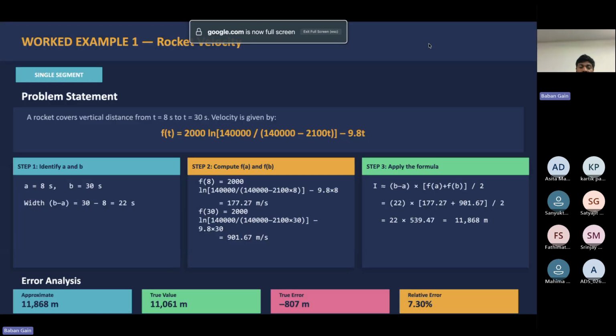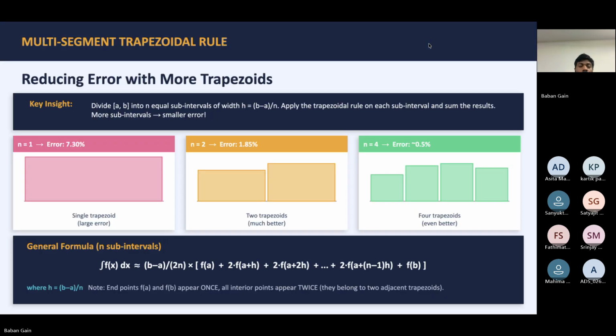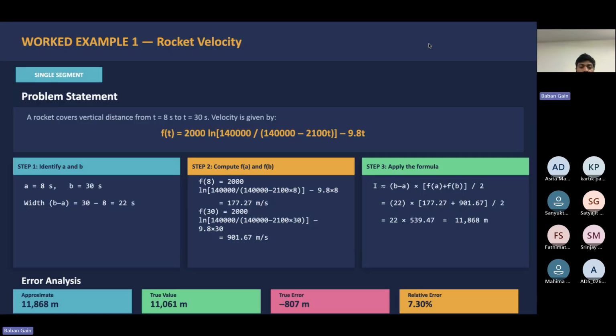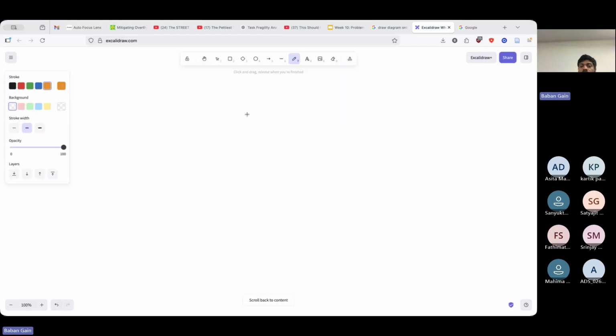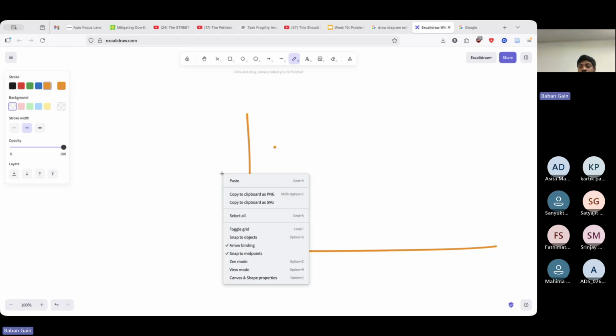So let me try to show this with an example. Assume that you have a rocket and it is traveling like this.